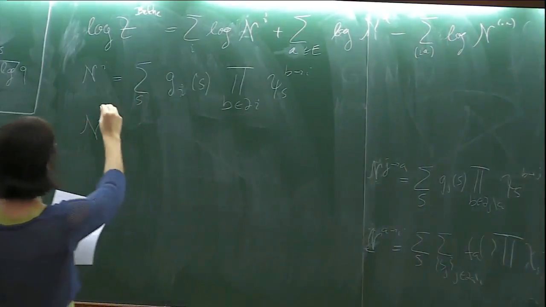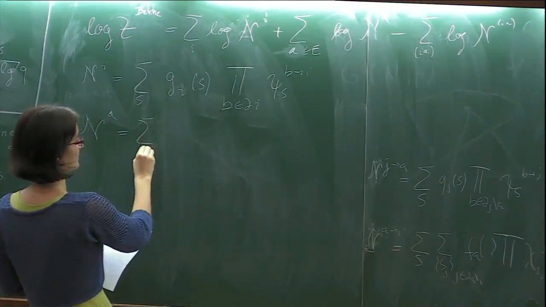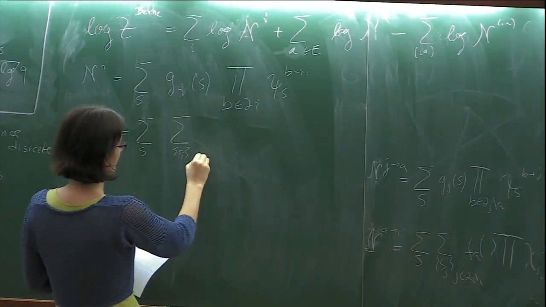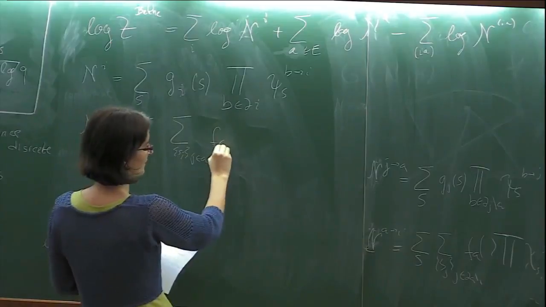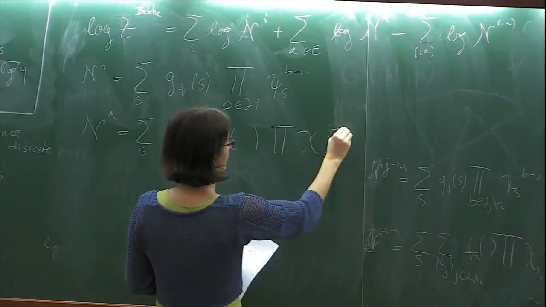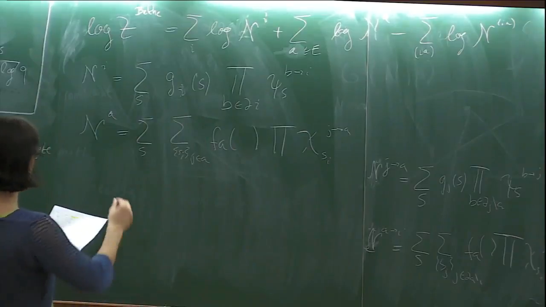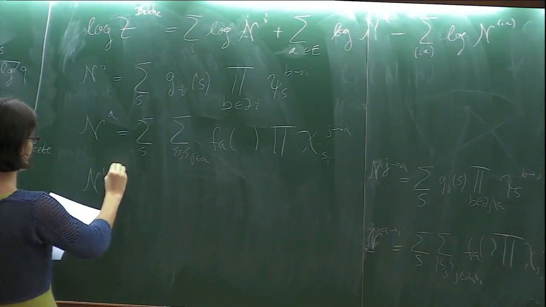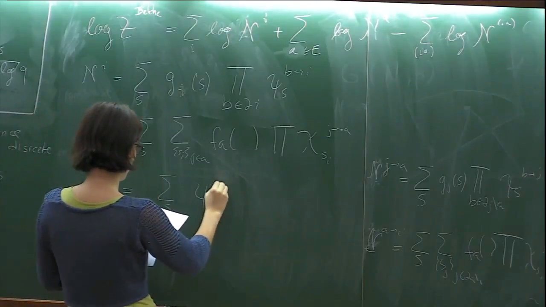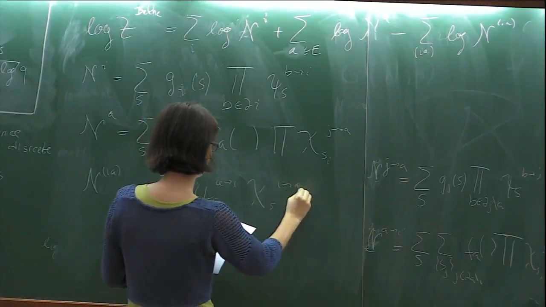So I have N_i, N_a. N_a is again the same thing as here, except I just don't put there the exclusion of the guy to which it goes, because it doesn't go anywhere. F_a, still the same. And finally, this is the only one which is basically new, because that one I didn't define yet, and that's this guy, psi from a to i, and psi from i to a.